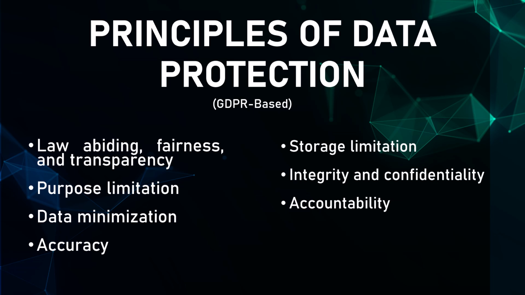And thirdly, it is a transparent exercise, so that you don't have the data subjects being in the dark about how their data is being used. One of them is that it has to comply with the laws of that particular jurisdiction. If there is a lawful basis for collecting particular personally identifiable information, or if there is no lawful basis for collecting that information, that should be respected and upheld.